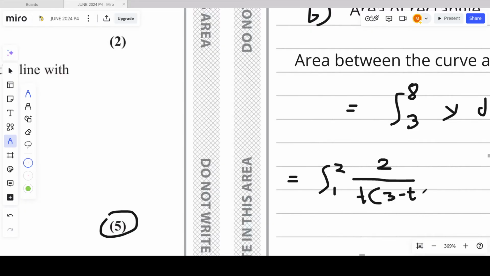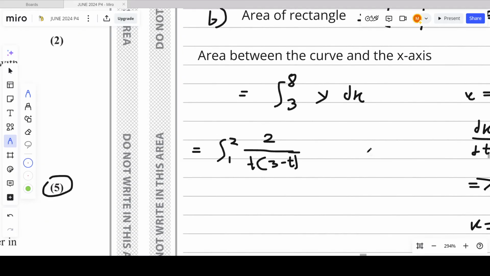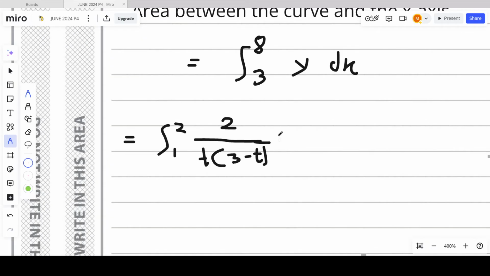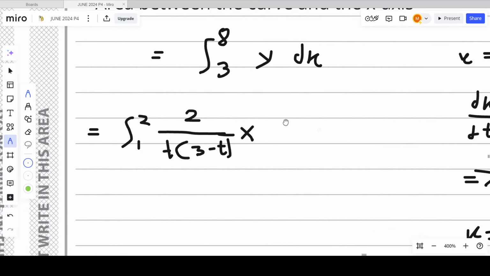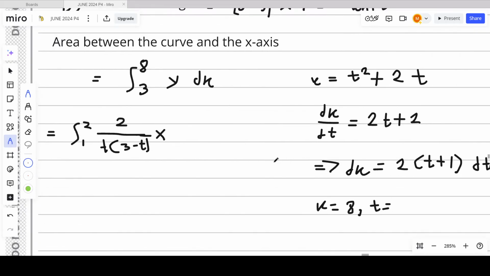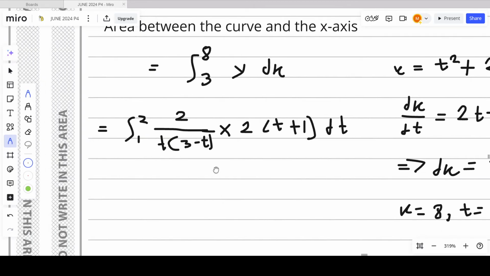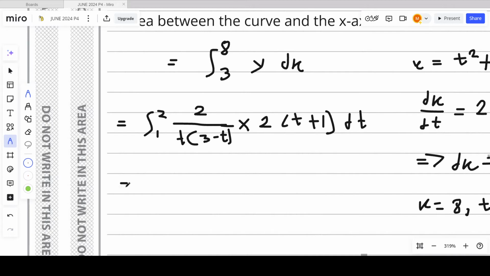So we represented y in terms of t, and now substitute the dx, which equals 2 times (t plus 1) dt. Done. We have converted all of the x and y variables to t.